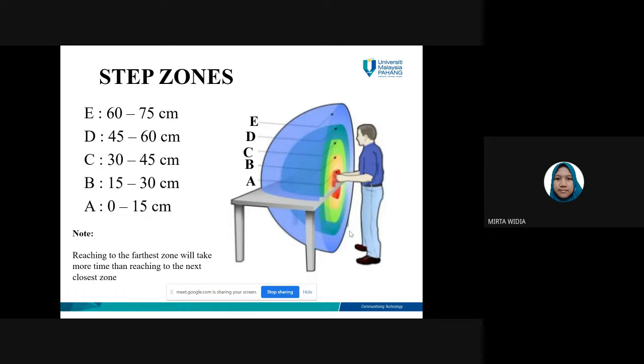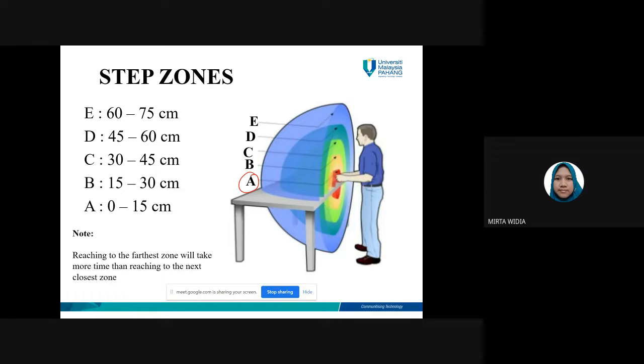Okay, so for the STEP zone, this one is the STEP zone for the reach envelope. Reaching to the fast, so there is some distance, yeah.